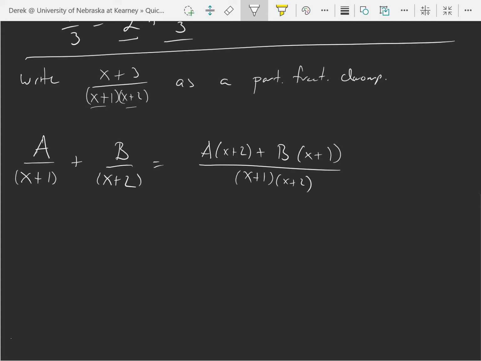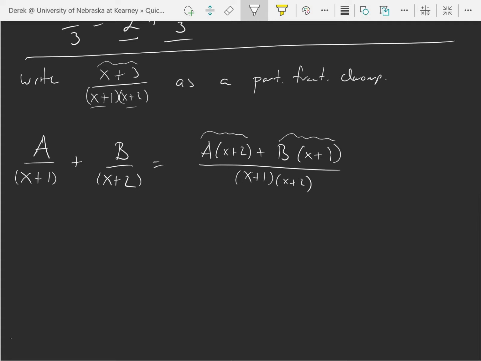And that's great because I've got a linear polynomial here plus a linear polynomial here is equal to a linear polynomial. It's a proper fraction, so I could probably figure out what a and b were to make this equation true. And that's what partial fraction decomposition is.